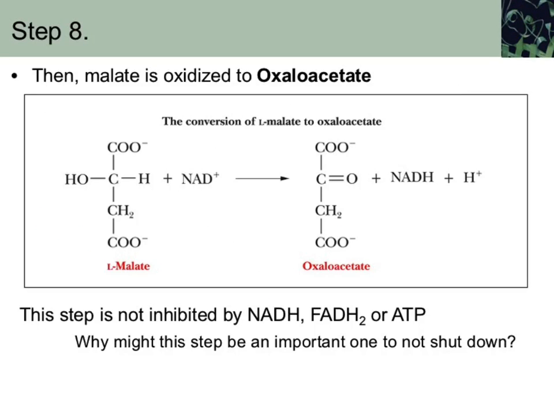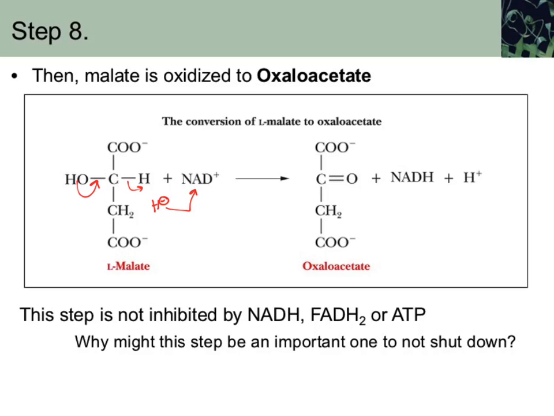So, in our next step, our malate is converted into oxaloacetate by making the ketone. To get the ketone, what do I have to do? I have to take electrons over here to make the pi bond, but then what would I be kicking out? Hydride. As soon as I see hydride, NAD+.